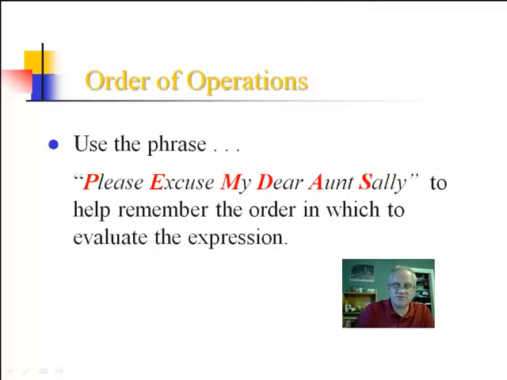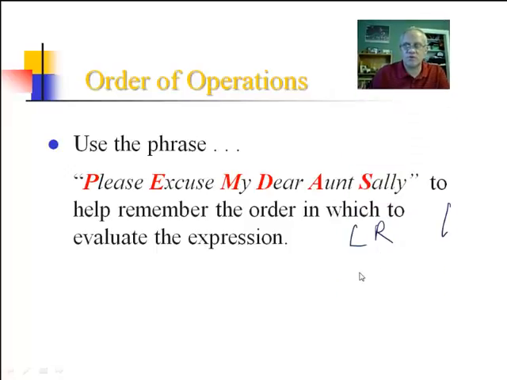Please excuse my dear Aunt Sally. Where am I? In Little Rock, which means what? L for left, to right. So keep in mind, please excuse my dear Aunt Sally in Little Rock, LR.